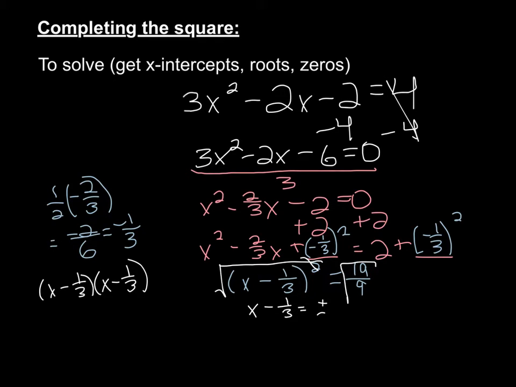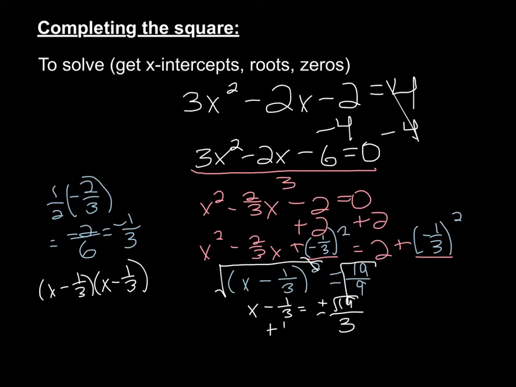Now looking at the top, you cannot take the square root of that, nor can you simplify it by breaking it into a perfect square and a non-perfect square. So we're going to leave that as radical 19, but we can take the square root of the bottom. And since we're taking the square root of the whole thing, that's the same thing as saying the square root of the top over the square root of the bottom. So we're going to rewrite this as the square root of 19 over 3, which is no longer under the square root.